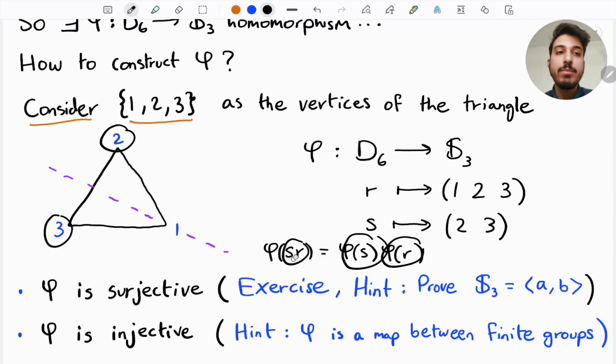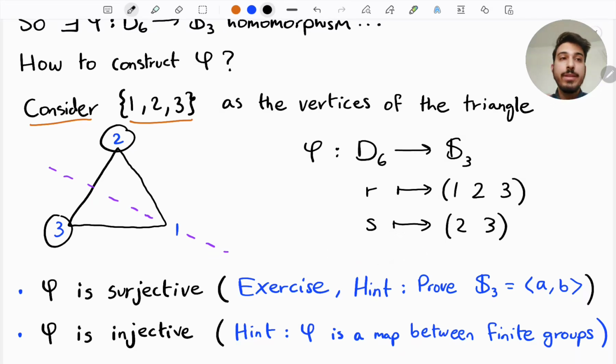You're going to repeat the same process for RS, and you must get something that is equal. So this is very, very good news.